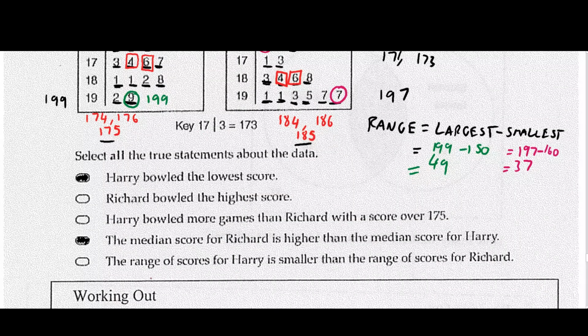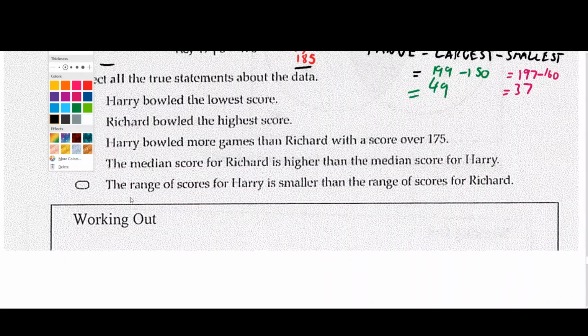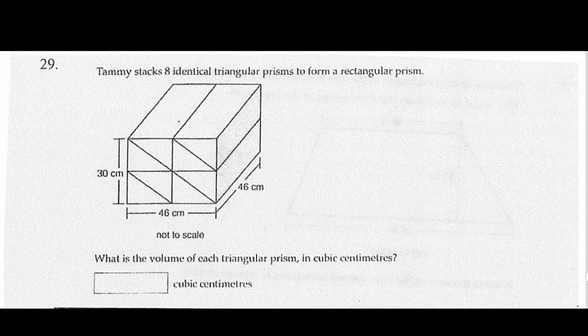So Harry has the bigger range. So the range of scores for Harry is smaller than the range of scores for Richard. No, Harry has the bigger range. All right, so those two are the only two highlighted ones and the only two correct ones.